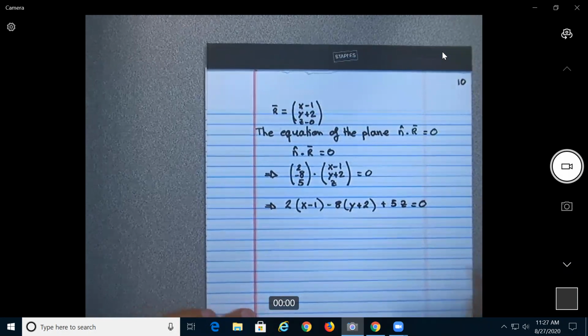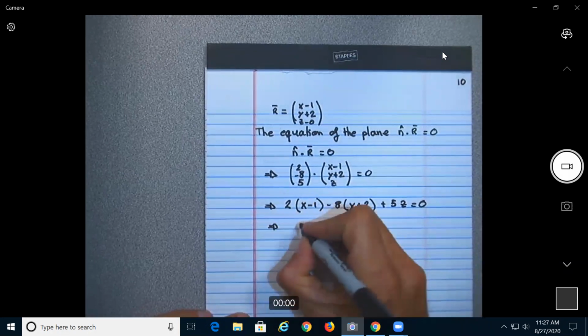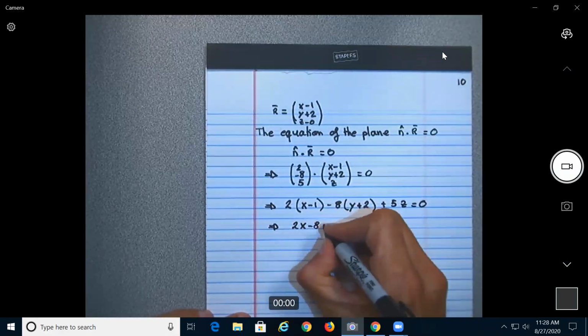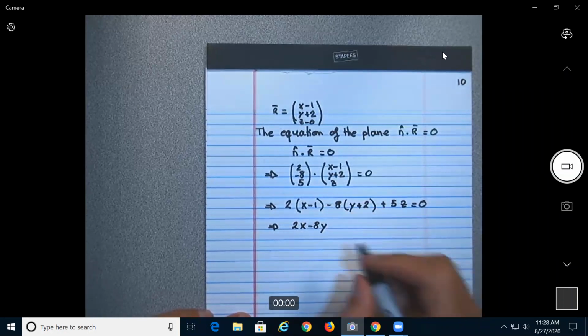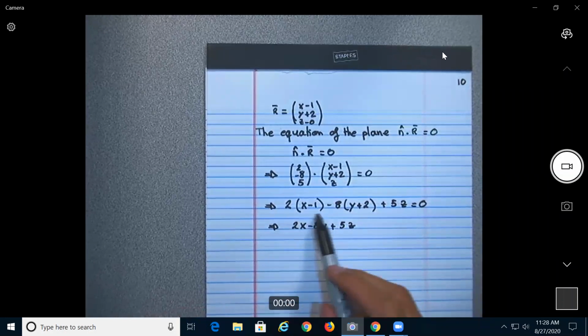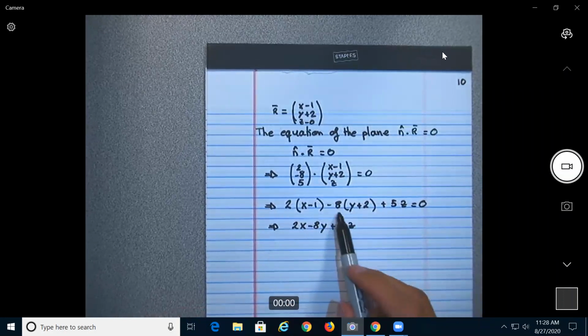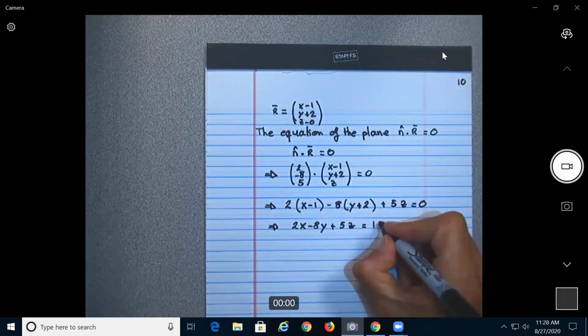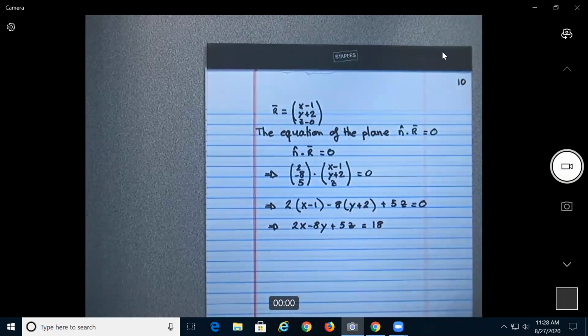So this will be the equation of the plane, or we can just rewrite it as 2x minus 8y plus 5z. And let's see what will be the constants. Will be -2, -16, no? If we move it to the other side, we have here 18.